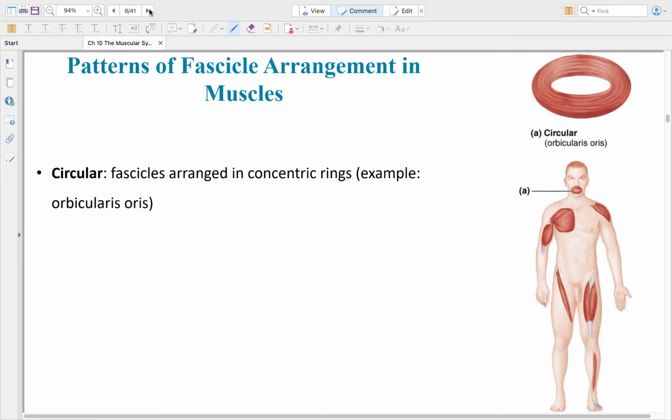Now, on top of that, muscles have patterns of fascicle arrangements that are quite significant. Some are completely circular, like this one over here. These ones are interesting because they technically have an origin and insertion, but it's not your typical muscle. It's this arrangement of contractile rings. A perfect example is the muscles that surround your lips.